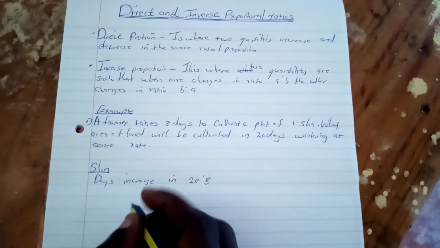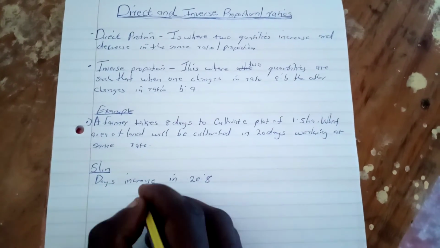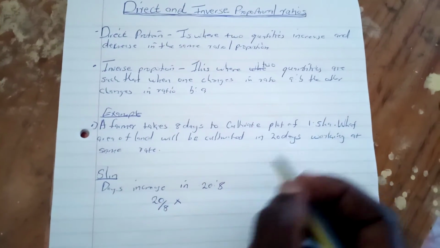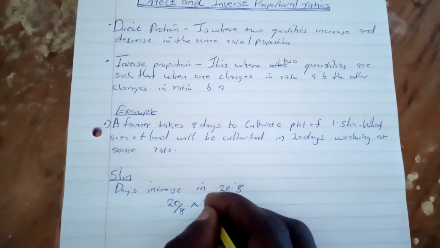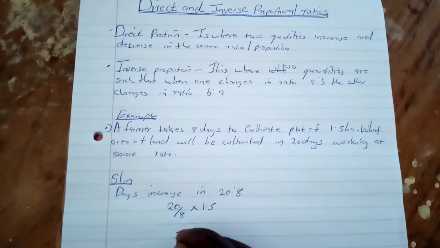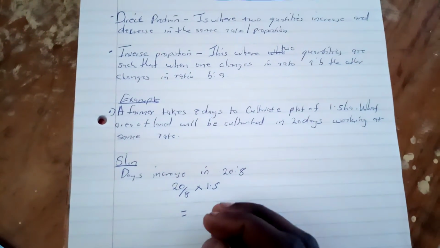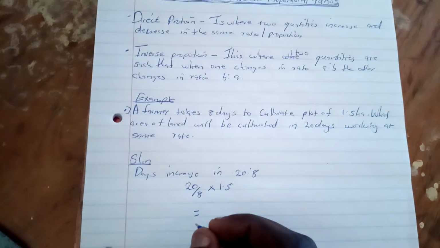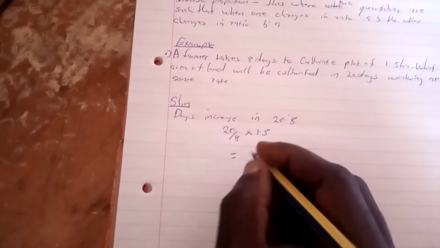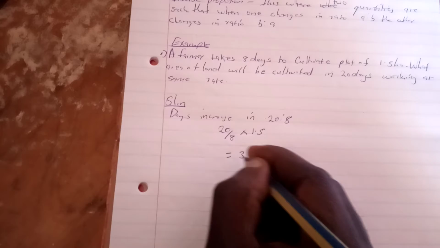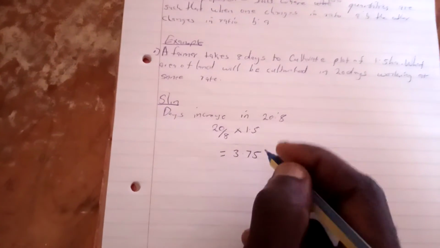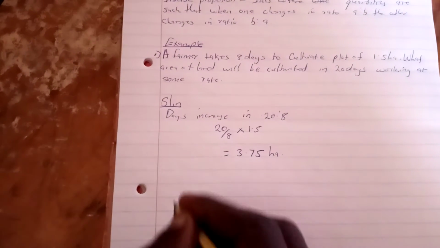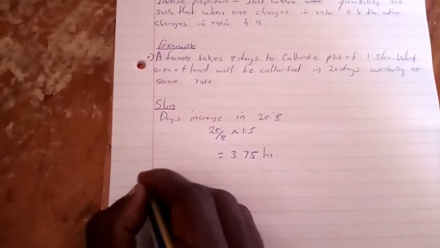Now the area of land will be 20 over 8 times the plot of land that was cultivated, which was 1.5. And now the answer there will be 3.75 acres.